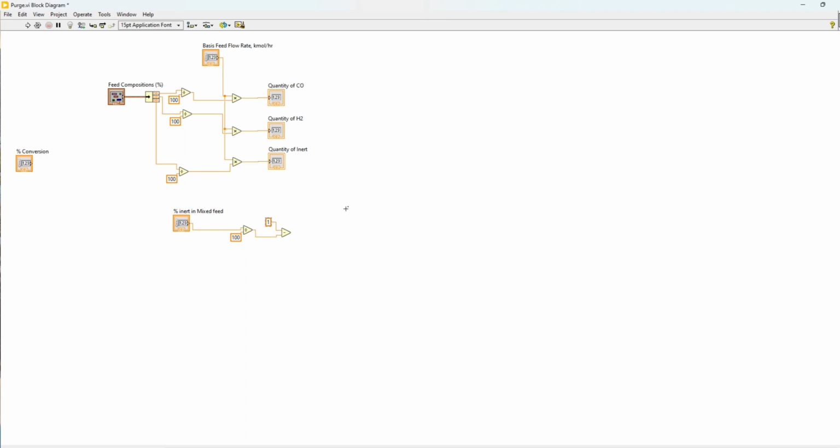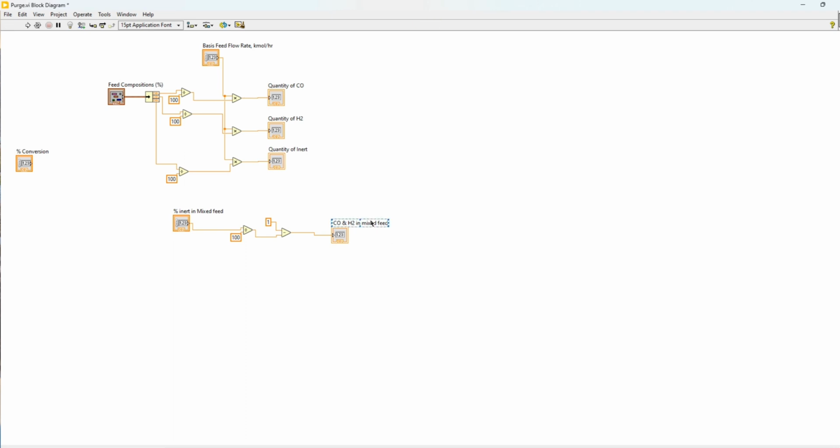So this is nothing but the rest of the components except the inert. Now from here we will see the CO and H2 in the mixed feed.